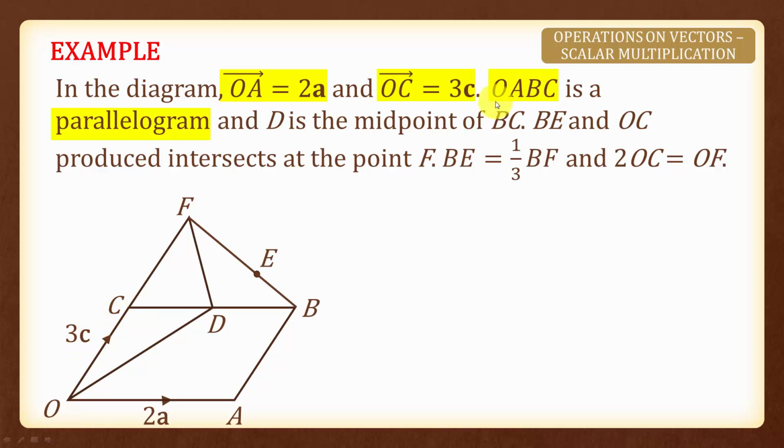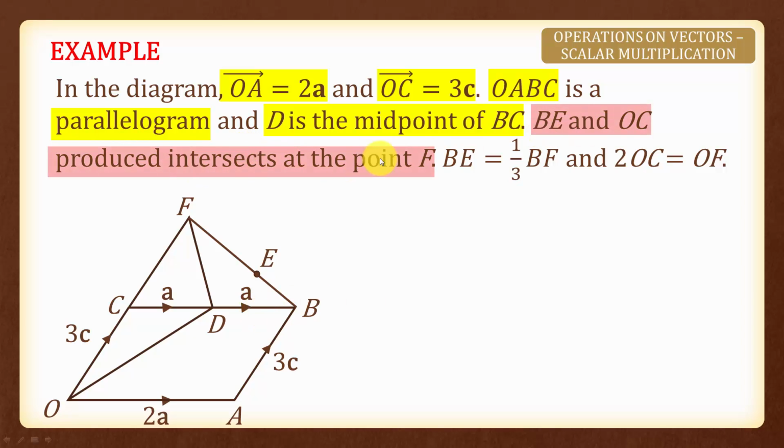Since OABC is a parallelogram, the opposite sides have the same magnitude and direction, which means that AB is the same as OC, and this will give us vector 3c. Once again, we will draw the arrow similar to OC. Vector CB will be equal to vector OA. Since D is the midpoint of BC, if CB is 2a, then CD is a, and DB is also a.